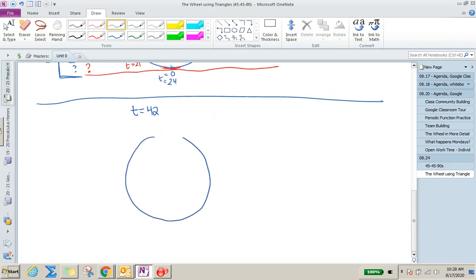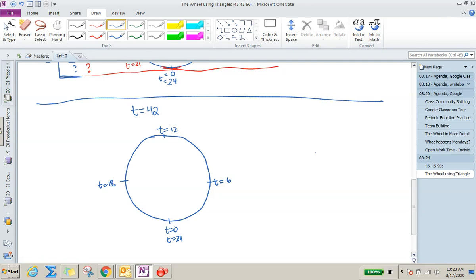So what time would the gum have the same height as it would at t equals 42 if you want to pick a time between 0 and 24 seconds? So, we know that this is 0, this is 6, this is 12, this is 18, and this is 24.